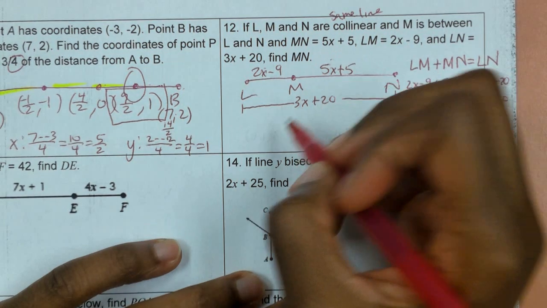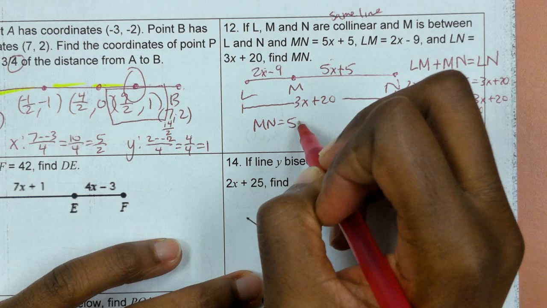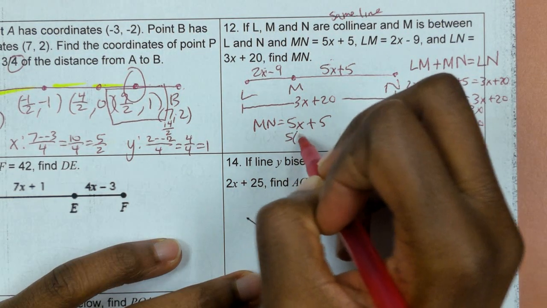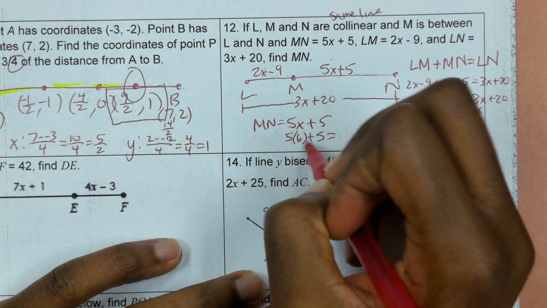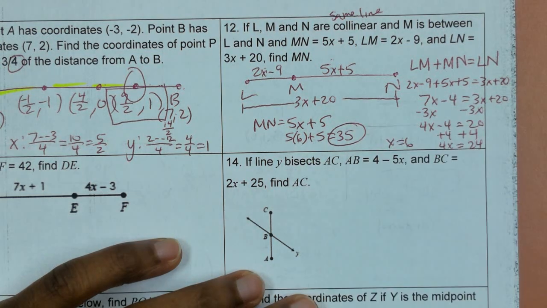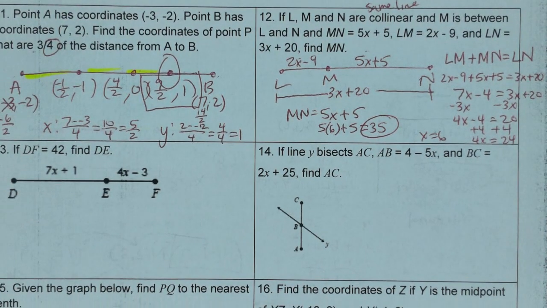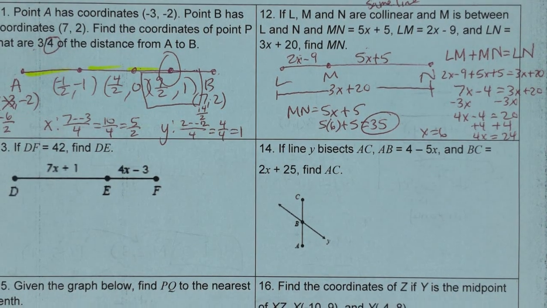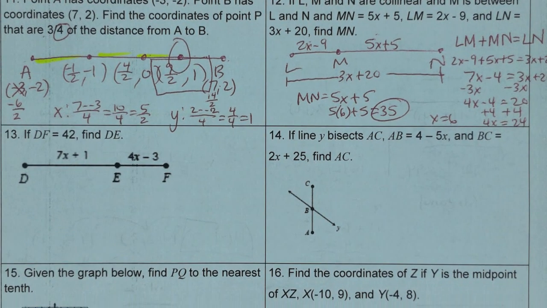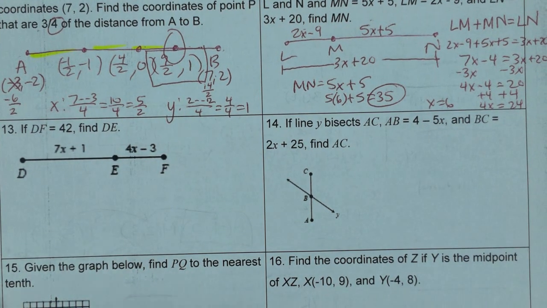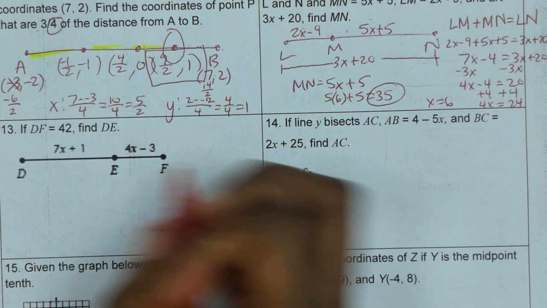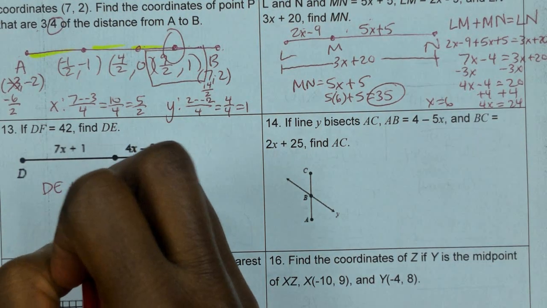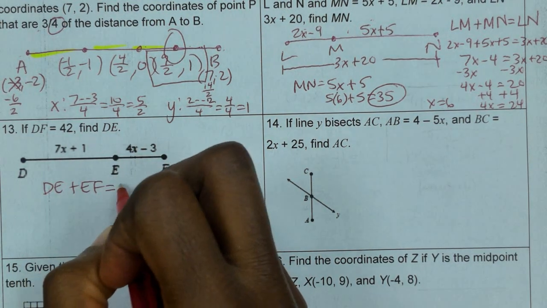So I plug in 6 for x into MN, which was 5x plus 5. So 30 plus 5 is 35. Same thing for the next one. So DE plus EF, first down plus second down equals total possession.